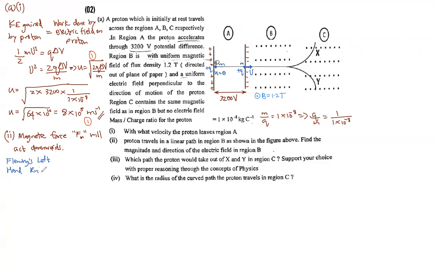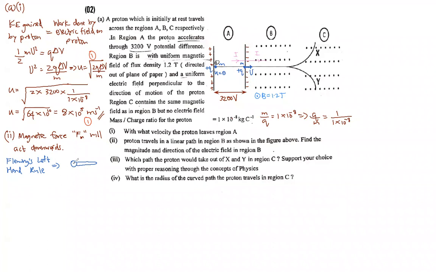If you use Fleming's left hand rule, see, the direction of current is towards this side because proton is moving towards the right side. That means the direction of current also should be in that direction. The direction of positive charge and the direction of current are the same.